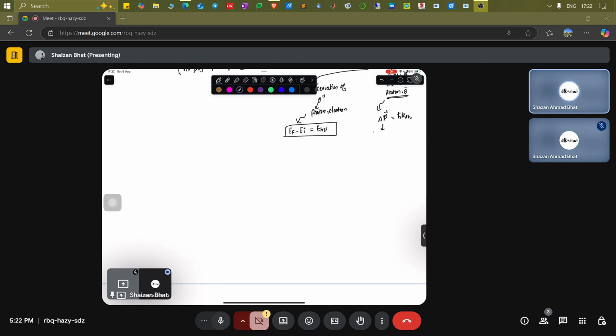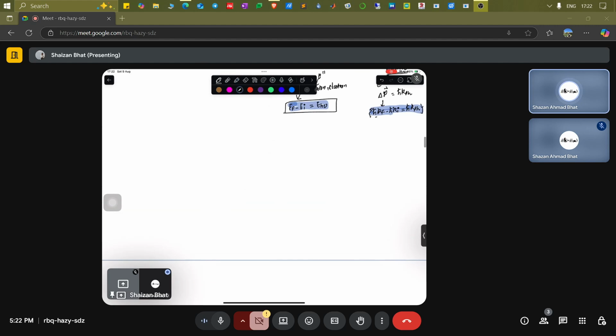That means h bar k final minus h bar k initial of the electron should be equivalent to h bar k photon. Okay, so this is the momentum conservation equation, and this is the energy conservation equation. It turns out that for the indirect band gap semiconductors, the momentum conservation is not followed in the same way.